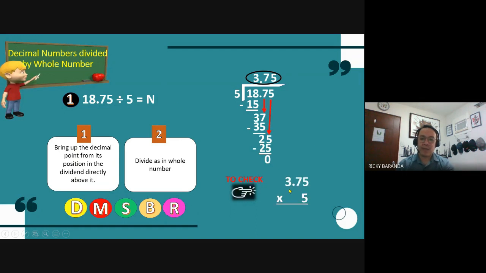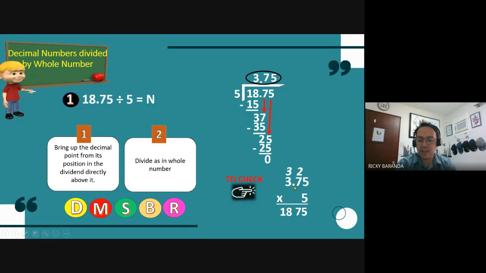So 3.75 times 5: 5 times 5 equals 25. Bring down 5, carry 2. 7 times 5 is 35 plus 2 equals 37. Bring down 7, carry 3. 3 times 5 equals 15 plus 3 equals 18.